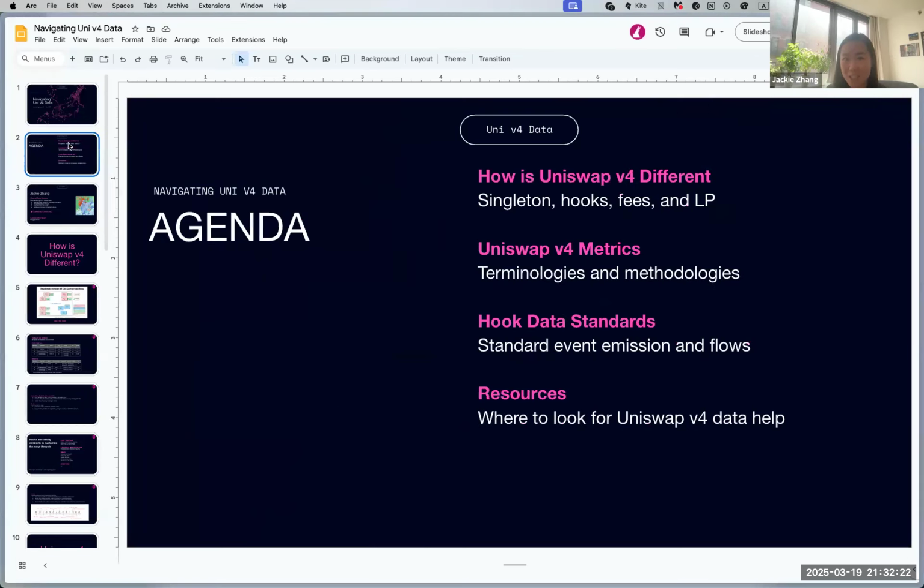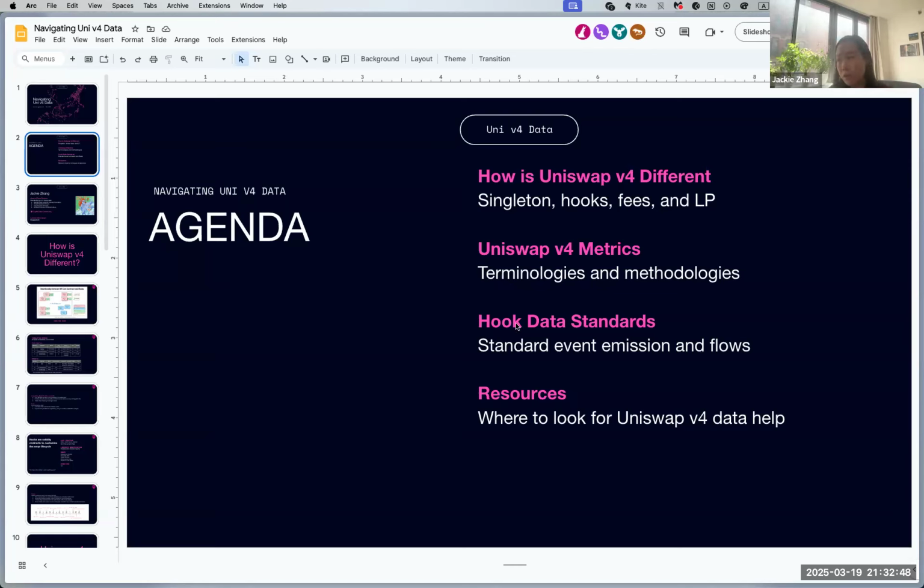So this is the agenda for today. We'll start with how Uniswap v4 is different from the previous version, from more of a data landscape perspective. Then we'll go over the Uniswap v4 metrics. We want to establish some terminologies and methodologies, so we have the same framework and language when we're crunching the numbers later on.